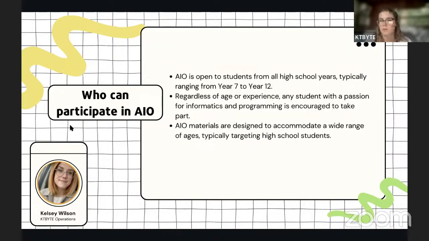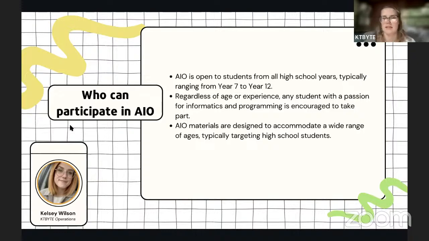If you are at a point where you're still using primarily drag and drop coding, so you're still in that core one to two level, this might not be the best place to start. There are other competitions that are a better stepping stone than this one may be. This one's probably better for year 7 to 12. You're in middle school, you're comfortable with typing code, and you have a good foundation. And I think that's probably the best area to start.